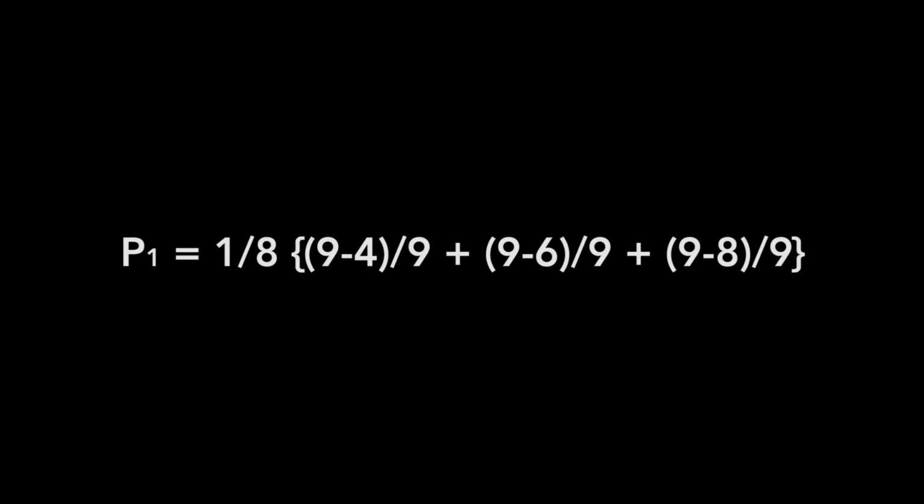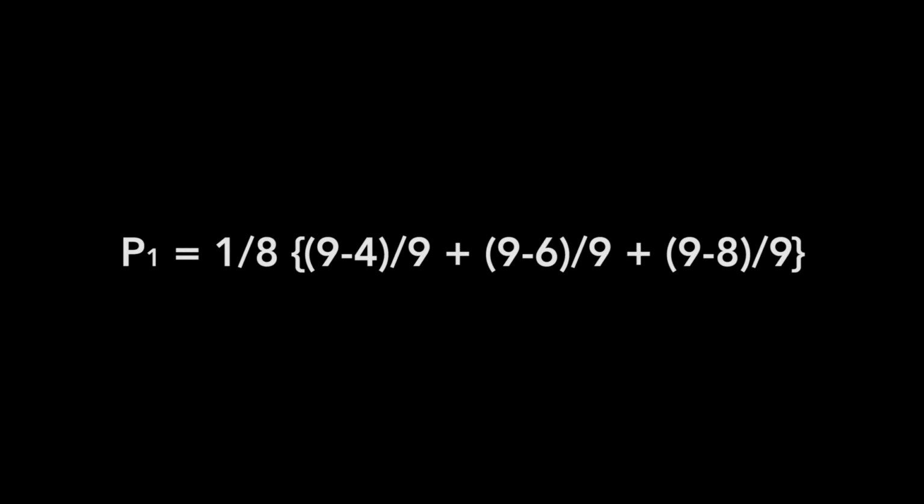What is this thing? Well, just look at it. What it says is, I go to each poor person, look at their gap from the poverty line, 9 minus 4, 9 minus 6, 9 minus 8. I take it as a percentage of the poverty line: 9 minus 4 over 9, 9 minus 6 over 9, 9 minus 8 over 9. Add up all the percentage shortfalls of every poor person.